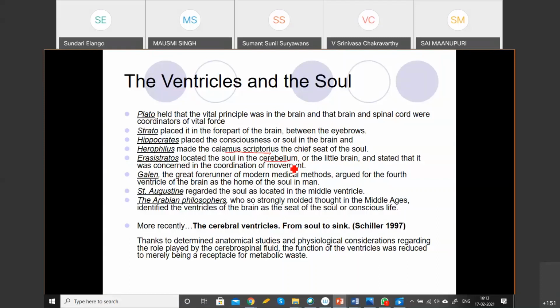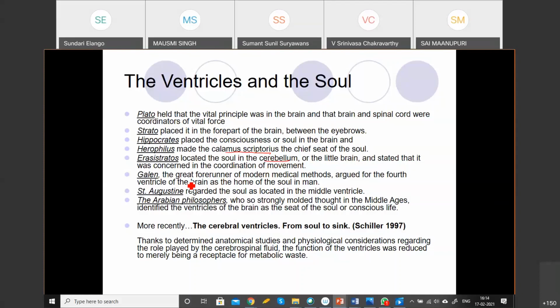Cerebrum is brain, and cerebellum is like a little brain. It is also called the silent brain, because even if you remove it, you don't see any major effect. You can still live. So people thought because it is a silent player, maybe that is the location of the soul.